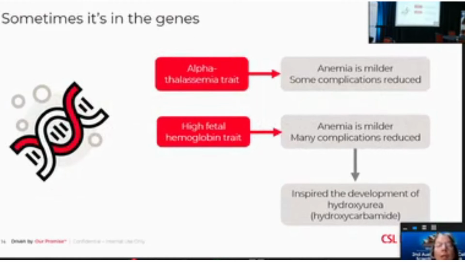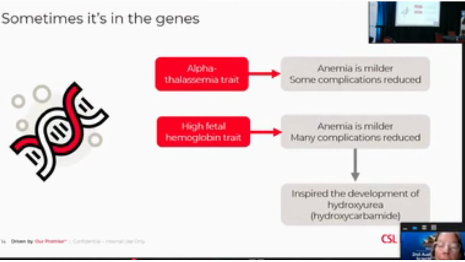Sometimes it's in the genes. It's very well known for many decades that co-inheritance of alpha thalassemia trait modifies the severity of hemoglobin SS sickle cell anemia. The anemia becomes milder and the frequency of some complications are reduced.